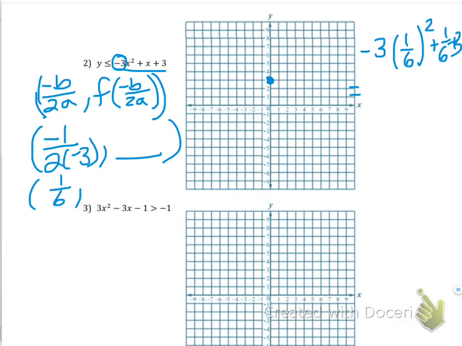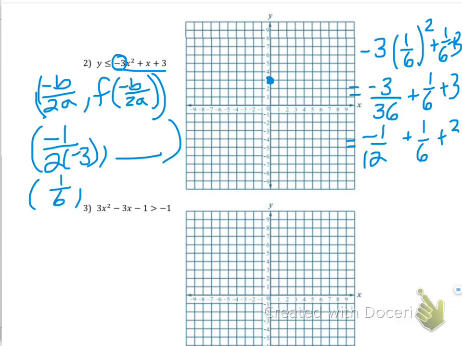Okay, so 1/6 squared is 1/36. Negative 3 times 1/36 is negative 3 over 36 plus 1 over 6 plus 3. And negative 3 over 36 is negative 1/12 plus 1/6 plus 3. And I want to change that 3 to something with a common denominator because I'm adding my fractions.